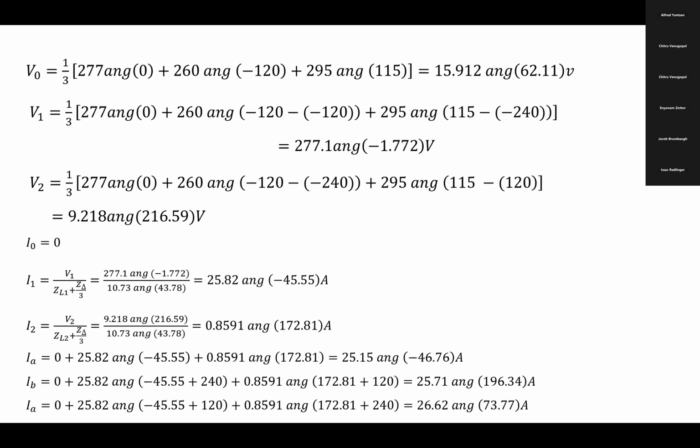Just use the voltage and the impedance, and calculate I2. You don't put that voltage in the network, but this is an equivalent negative sequence voltage. So use that voltage to calculate the I2 value.